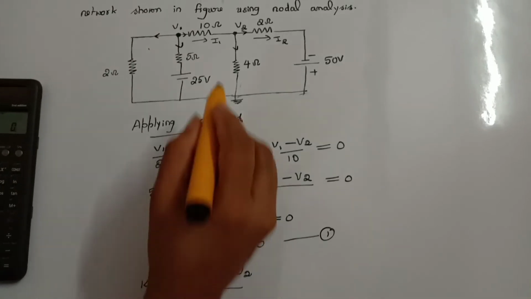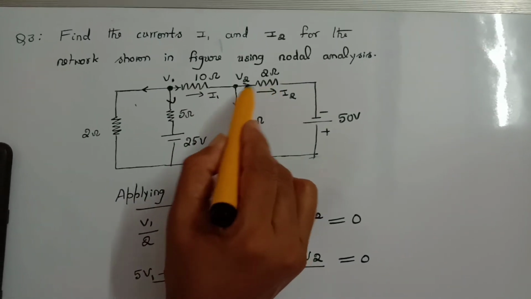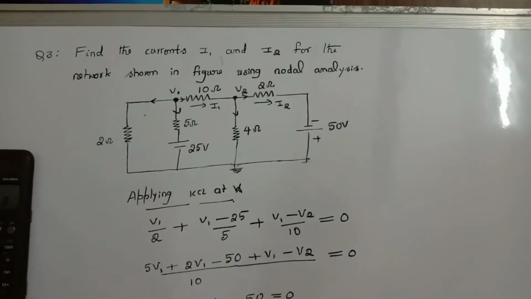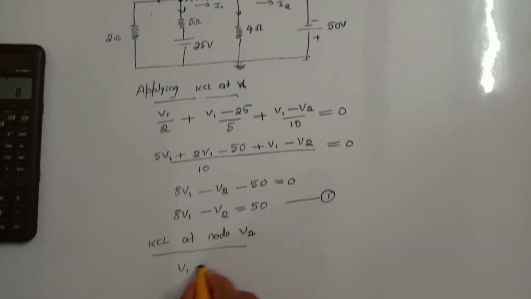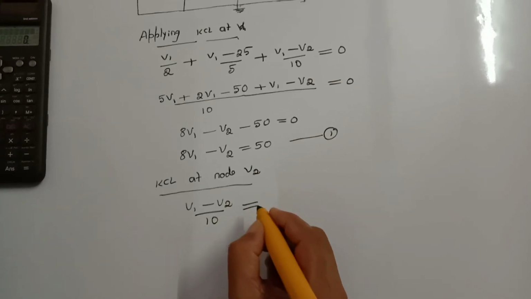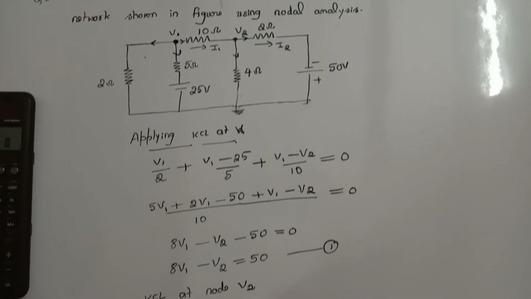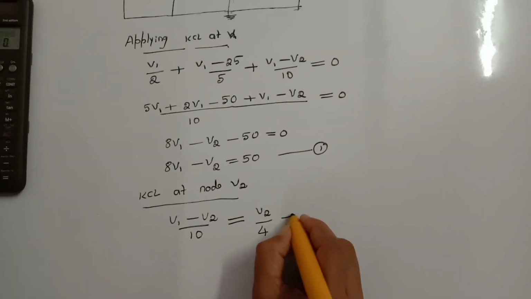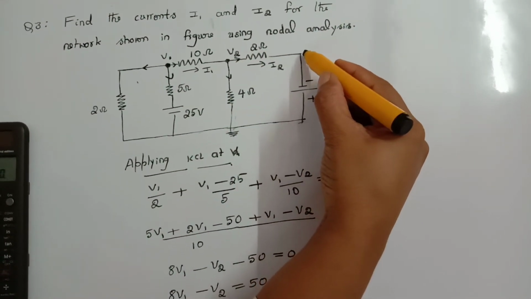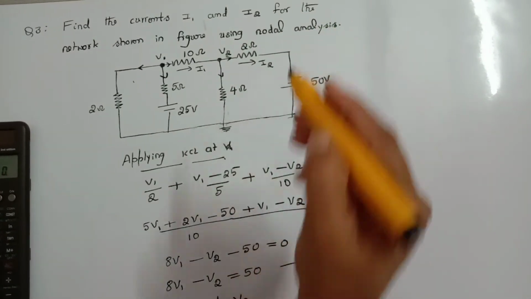Now, applying KCL at node V2. Now look at node V2. There is one current entering and two currents leaving. So entering current is nothing but (V1 minus V2)/10. This entering current is equal to the leaving current through 4 ohm is V2/4, and another current is V2 minus, here the potential difference is minus 50, so it is V2 minus of minus 50.